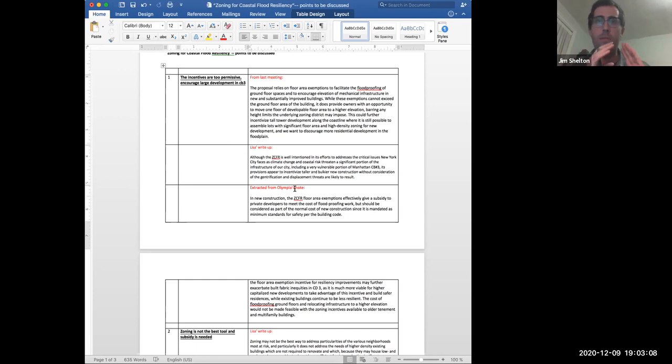So I think we want to be more precise with that language, but I also don't want to dismiss what Olympia is saying, which is absolutely right in terms of how this policy privileges certain building typologies and types of development, right? My point was that I don't think this alone will trigger new development at a significant scale.